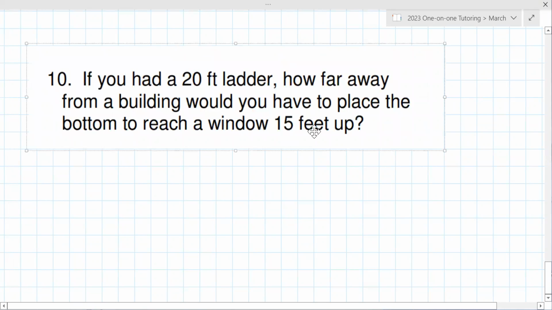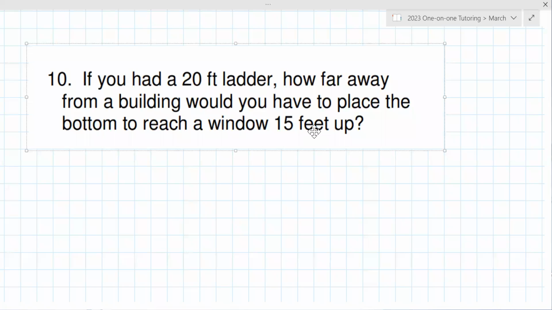All right, so again, that's a triangle problem. You're going to draw a triangle and solve for the missing side. I need to find.